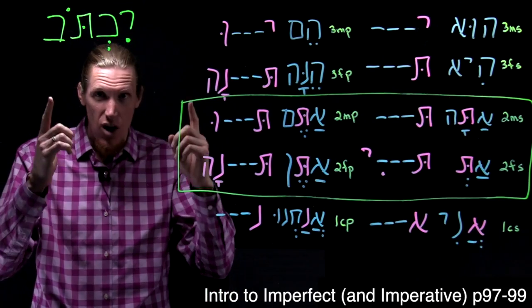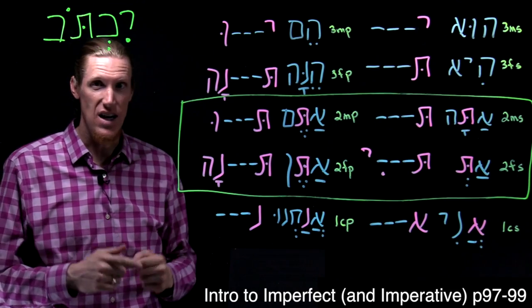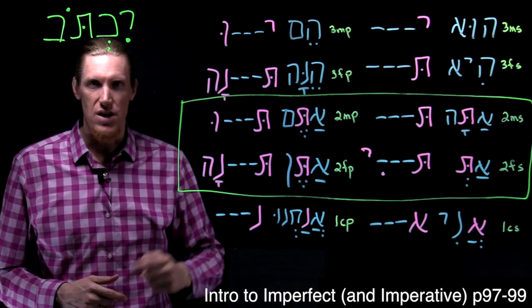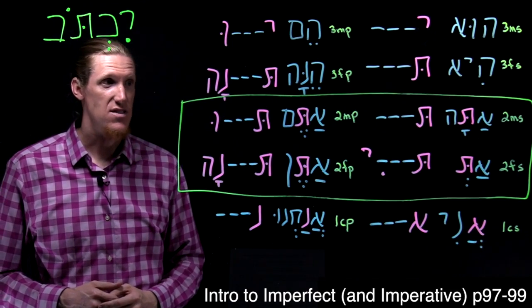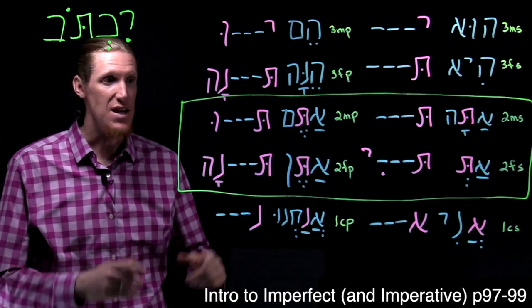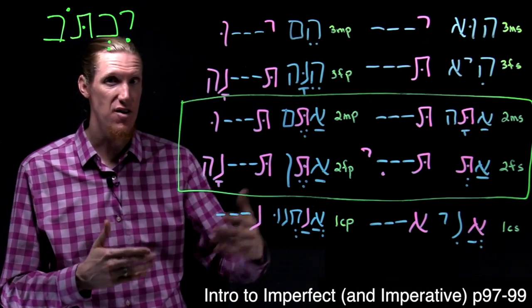And if you are making that connection, way to go, because you're a bright student. Making connections is good. The reason that your mind is making those connections, perhaps, is because these are exactly the imperative forms. The imperative in Hebrew is made based off of the imperfect.